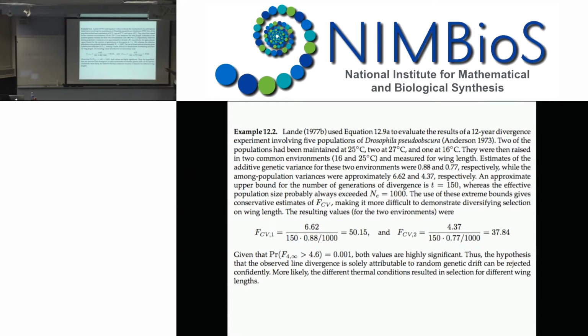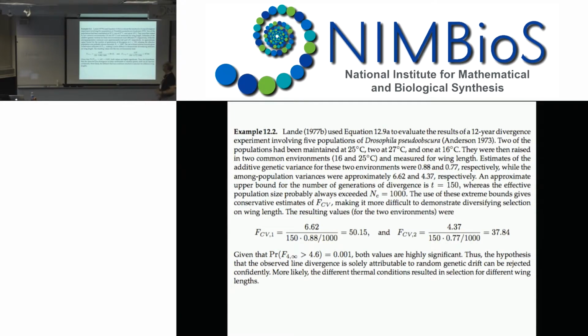The estimates of additive variation in these two populations were 0.88 and 0.77. The among population variation was 6.6 and 4.4. An upper bound on the number of generations was 150, and the effective population size always exceeded 1,000. Remember, larger population sizes mean that the amount of divergence is less and less likely.